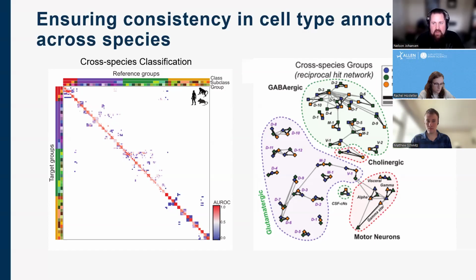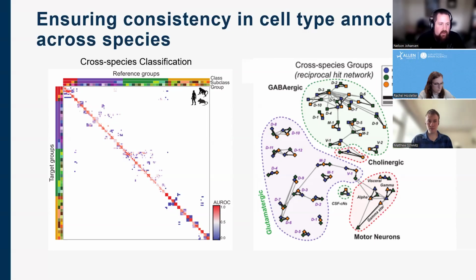Jesse Gillis and team have built this neighbor algorithm that allows you to ask the question: how related are cells across species to each other for a given type? And what is the best hit? What is the best matching cell type?